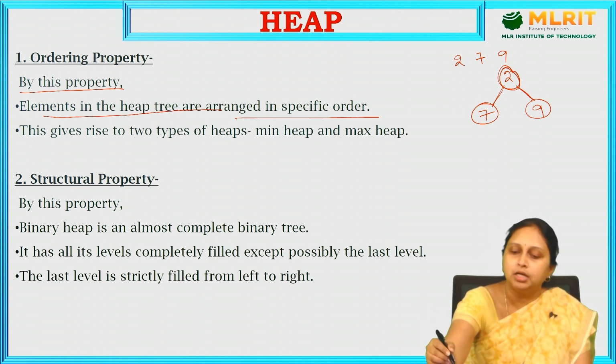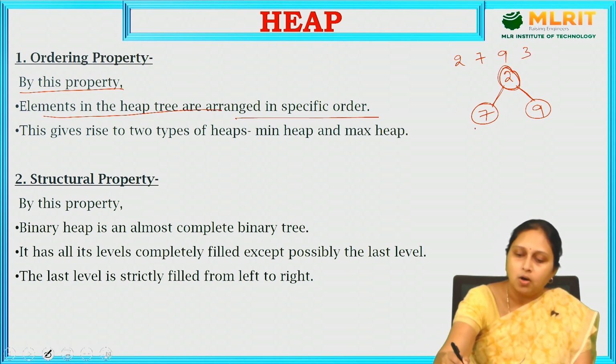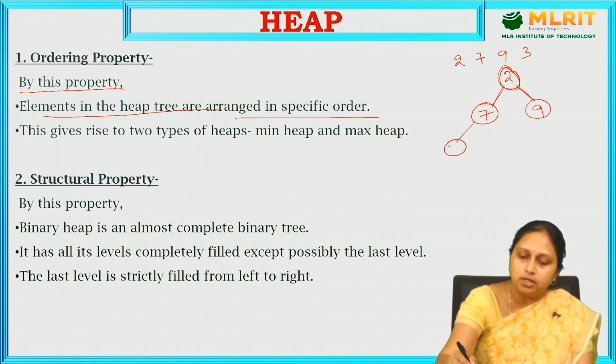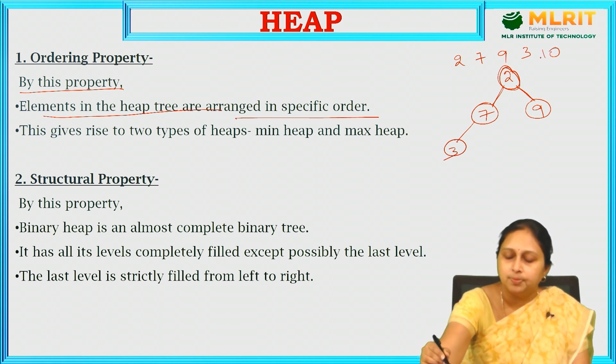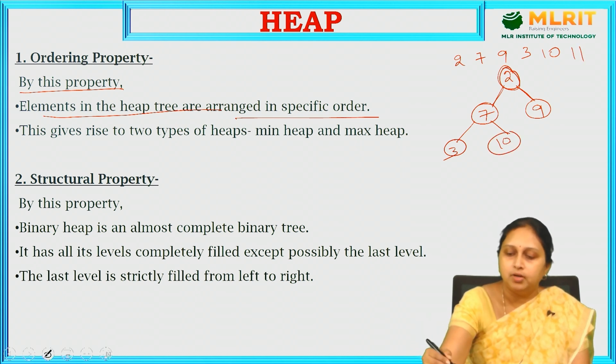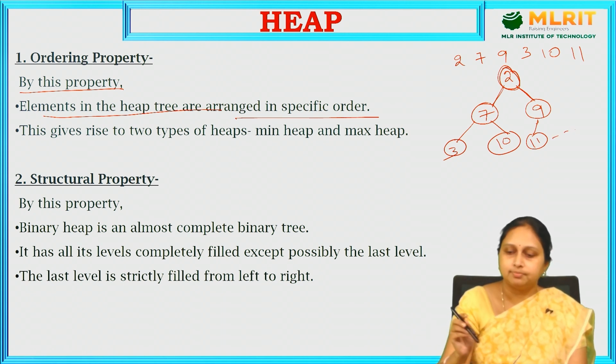Suppose I want to insert one more element, consider 3; I need to insert it on the left of this one. If I want to insert one more element, 10, then it has to be inserted on the right of this. If I want to insert one more element, 11, then we need to go to the right subtree and insert it. In this way, we insert level-wise.